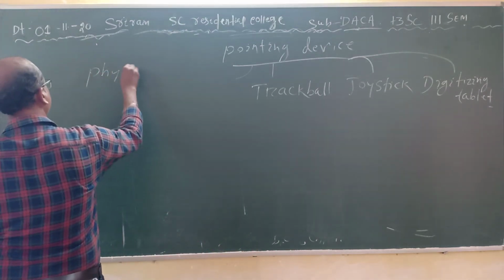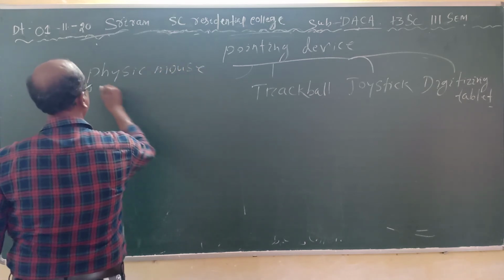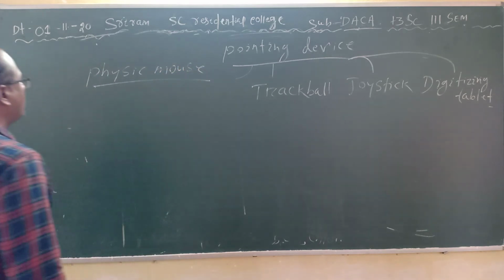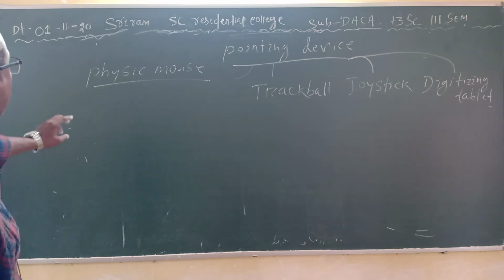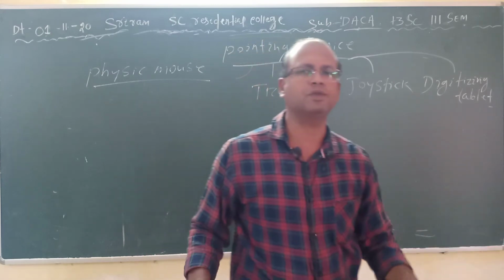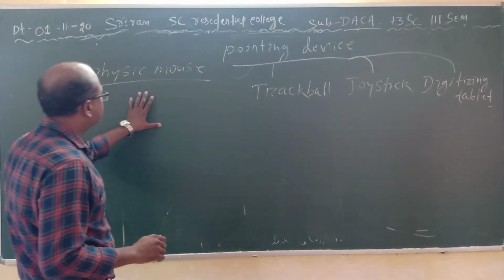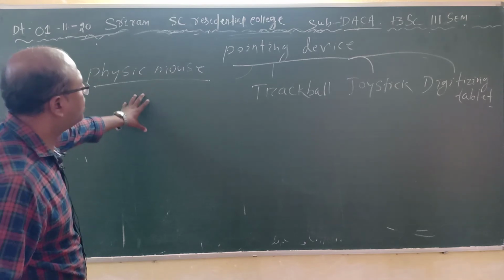One is the physical mouse. In the physical mouse, there are two to three buttons on the mouse, and there is a small rubber wheel.